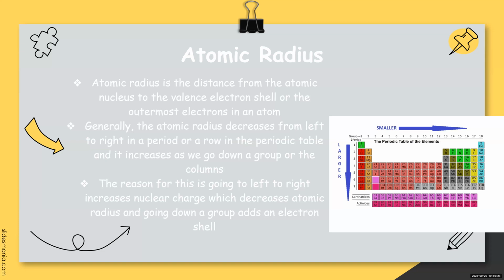And the reason for this is that going from left to right increases nuclear charge, which decreases atomic radius, and going down a group adds an electron shell, which increases atomic radius. And you can see in the periodic table, as you go down, it gets larger, and as you go to the right, it gets smaller.